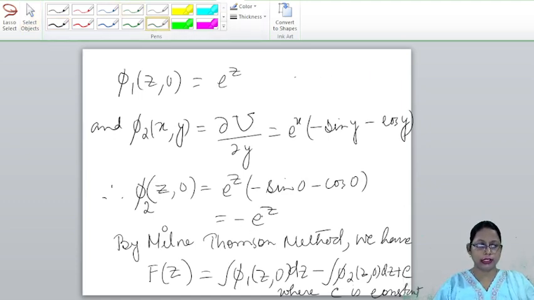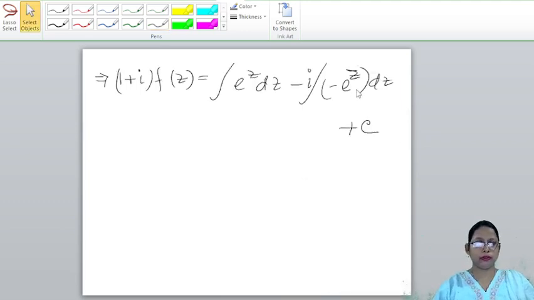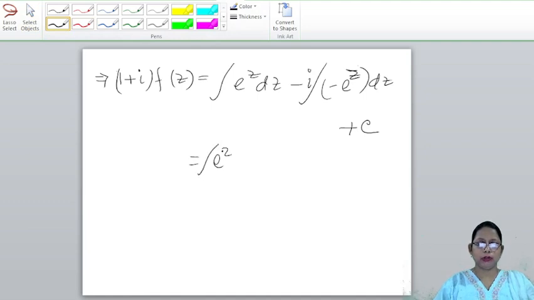Putting these values, we get the integral of e to the power z dz plus i times the integral of e to the power z dz plus c.